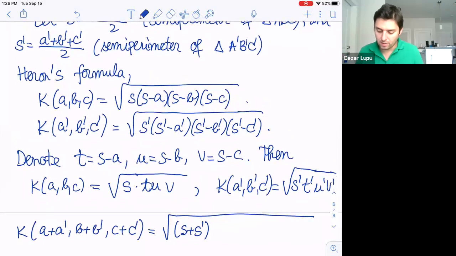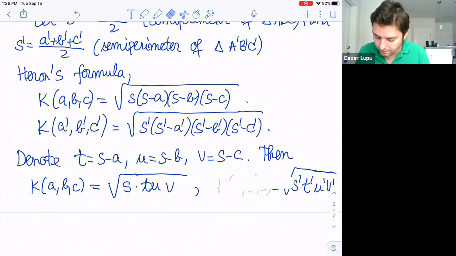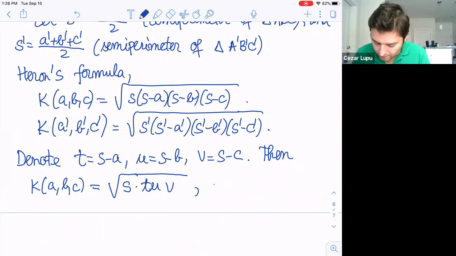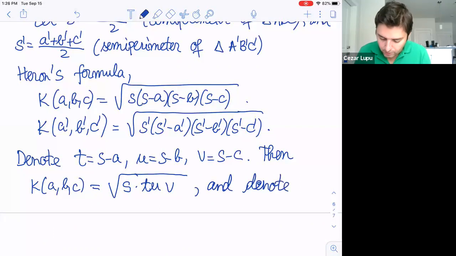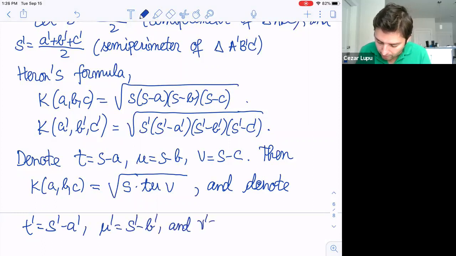Okay, and I forgot to say one thing. Maybe I should have noted that T prime is S prime minus A prime, U prime is S prime minus B prime, and V prime is S prime minus C prime, right?